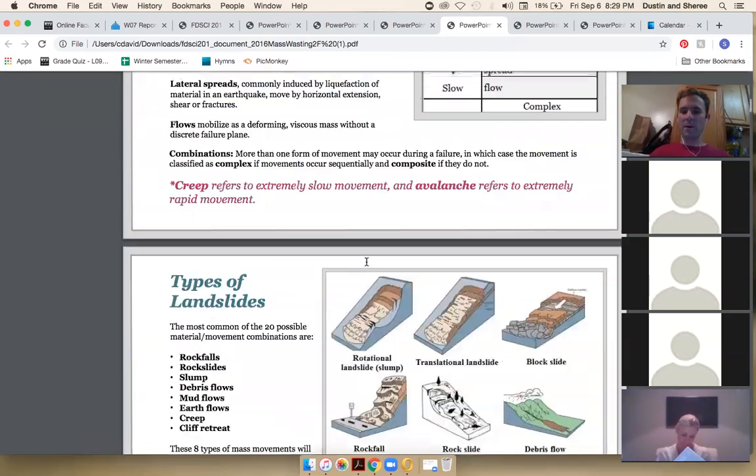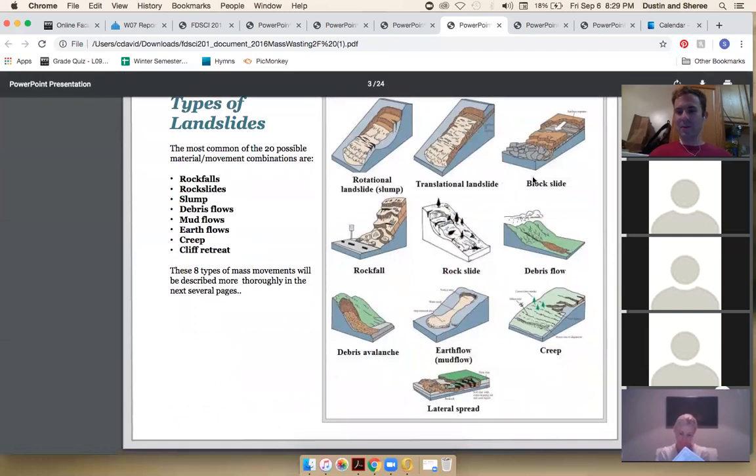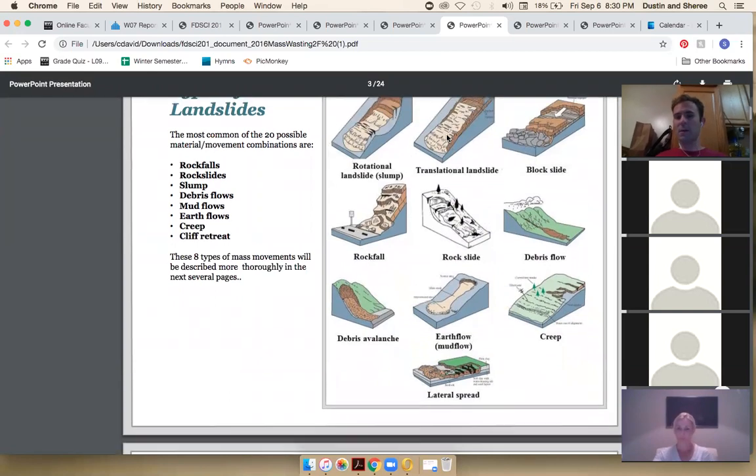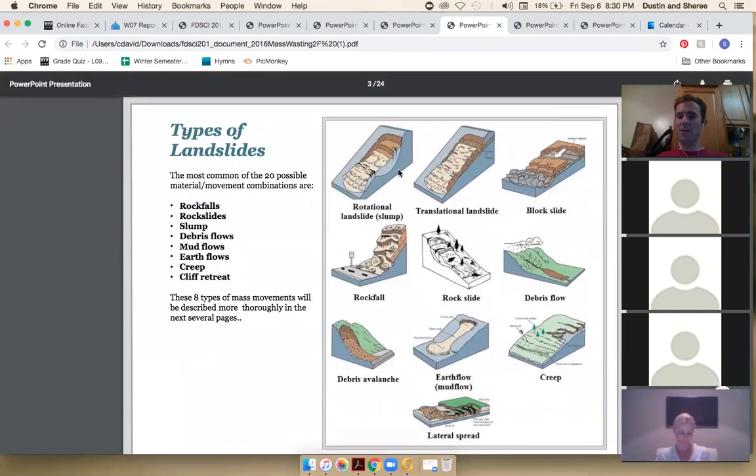Up here on this slide, you've got a translational slide and a block slide. For the purposes of this and the exam, they're going to lump translational slides, block slides, and rock slides all as one when it's rocks. Okay, you can have a translational element, you can have a slump or a rotational element to it.